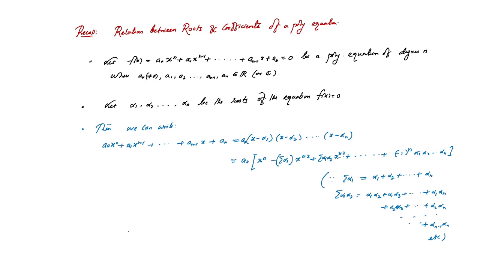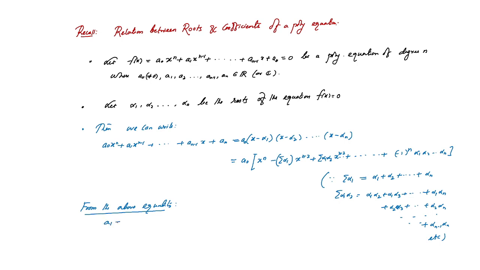So now we compare both sides. From the above equality of the polynomials, if we compare the like powers of x on both sides, what will we get?